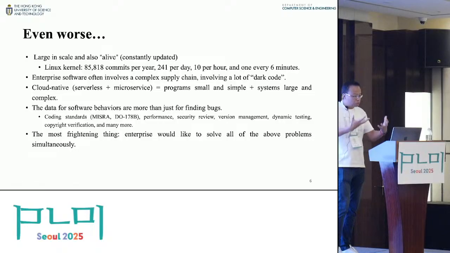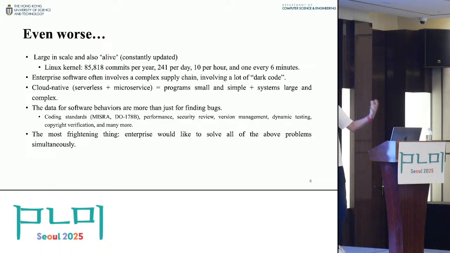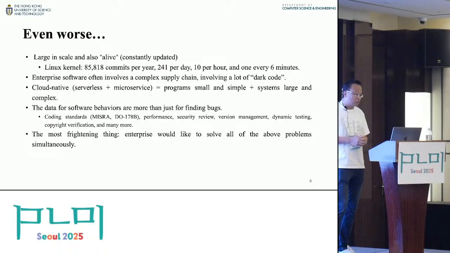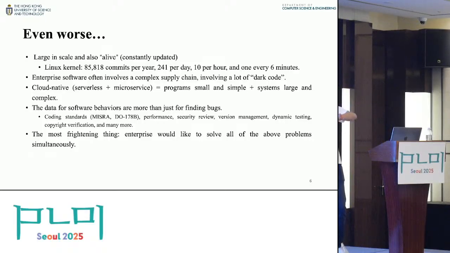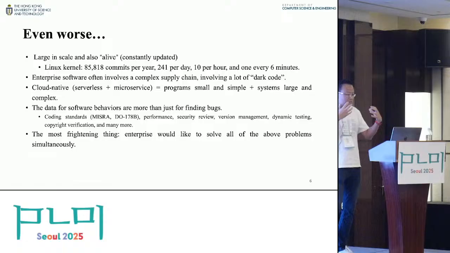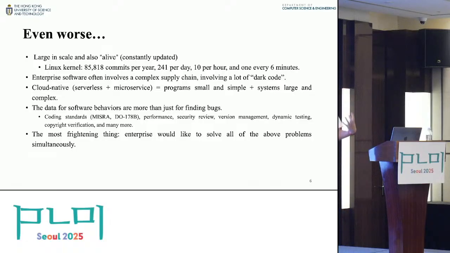And also this push of what we call cloud native means that we write these lambdas, right? Lambda programming. We partition our programs into microservices, right? This is how we build these big scale software. So easy to develop and they're very elastic, right? Which means that the program that you write as a developer is very small, right?